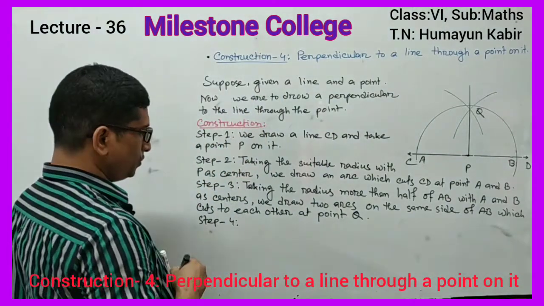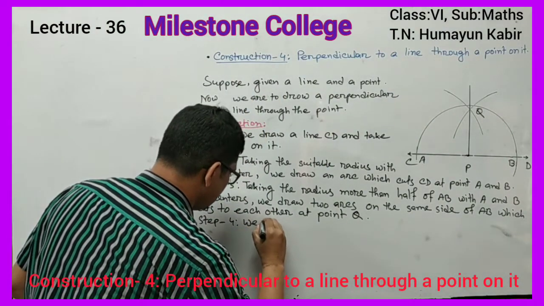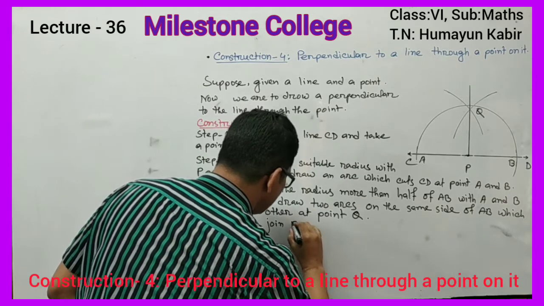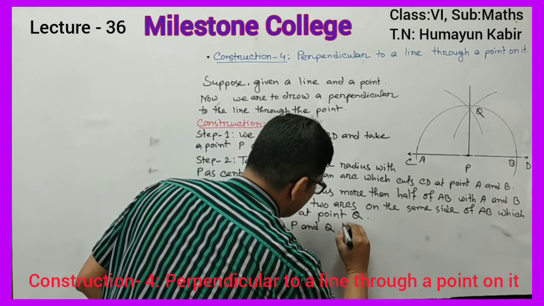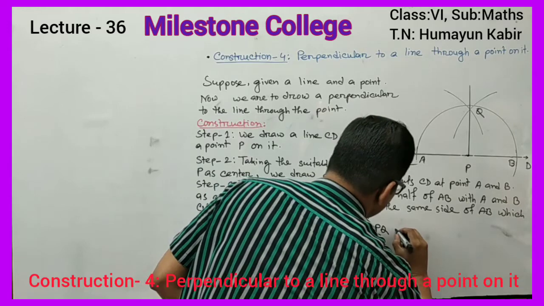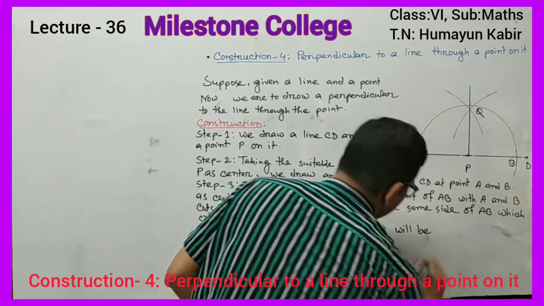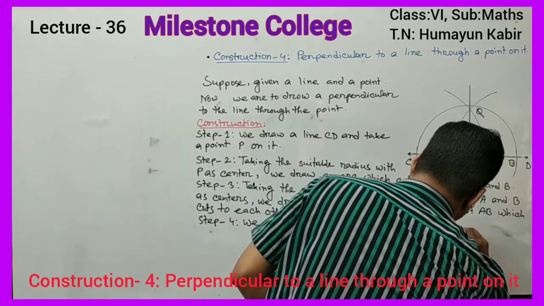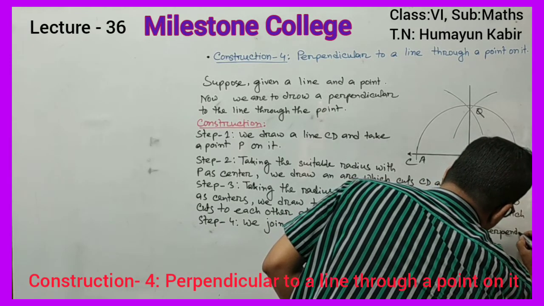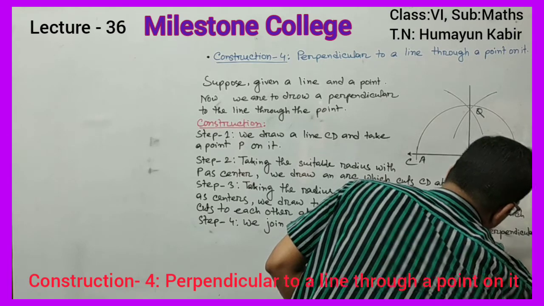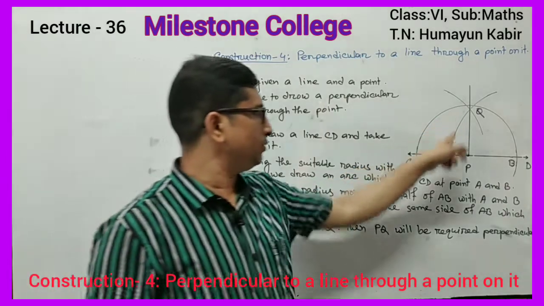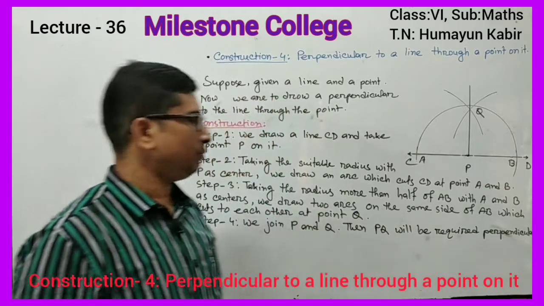So here we join P and Q, then this PQ will be the required perpendicular.